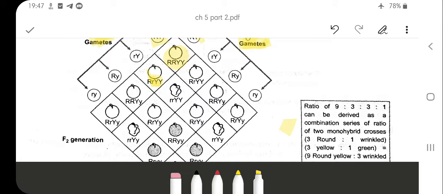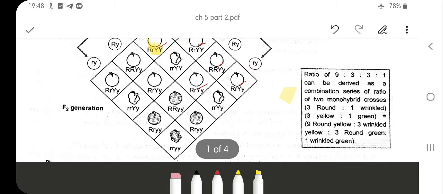So how many round yellows are there? With the different colors we will see. This is round yellow 1, 2, 3, this is 4, 5, 6, 7, 8, 9 round yellow. So these are the 9 round yellow.